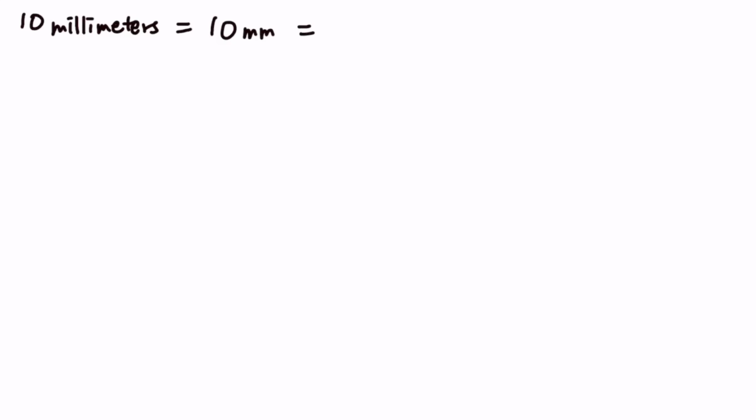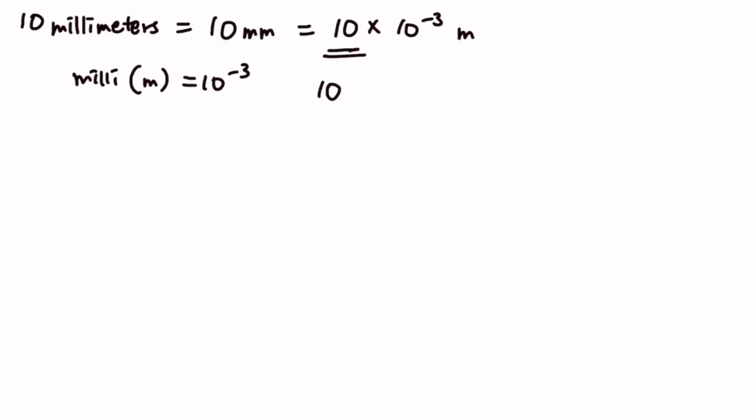Or since milli stands for 10 to the negative 3rd, remember, I can rewrite it as 10 times 10 to the negative 3rd meter. Even though I just wrote 10, that's equal to 10 to the positive 1. So if you have 10 to the positive 1 times 10 to the negative 3.